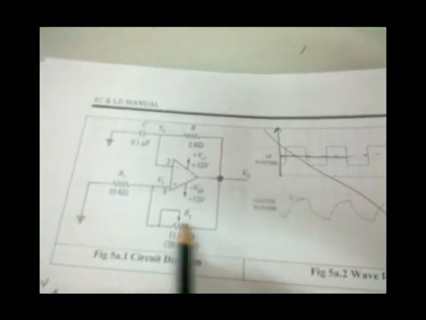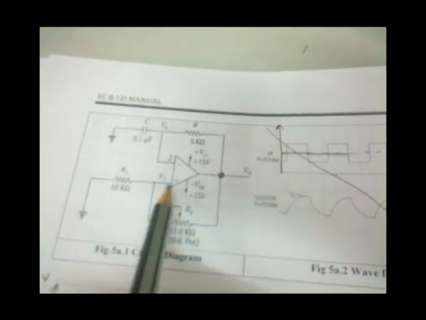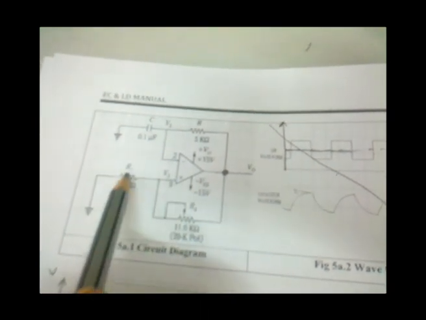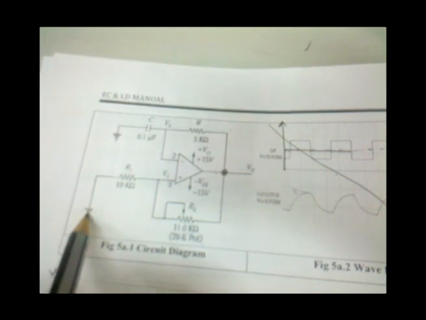Pin number 3 to 6, there is a variable resistor, a potentiometer, which we adjust to 11.6 kilo ohm. Again, from pin number 3, the R1 resistor is connected, and the other end of R1 is connected to ground. So the circuit diagram is this one.